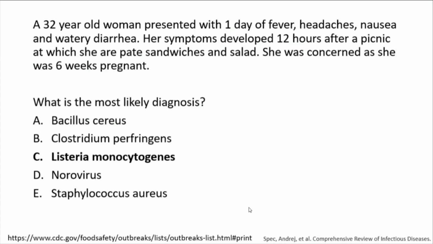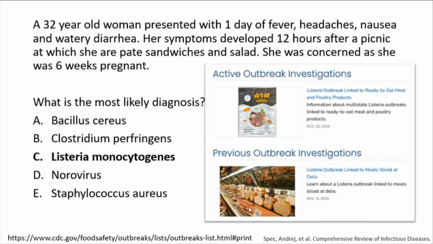I pulled this from the Purple Book, not an official board review. But I think they're trying to get at identifying some risk factors and then getting close to the time frame for Listeria. Like some of you were talking about the preformed toxin, Staph aureus would be a shorter incubation period. They say some of these other syndromes are more likely to cause vomiting than her syndrome, which is more diarrhea, but I think that's not always precise.